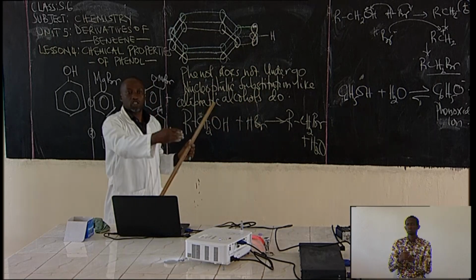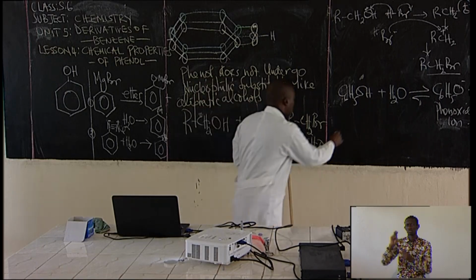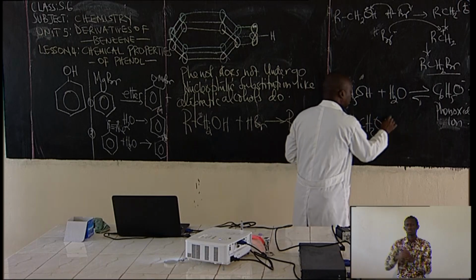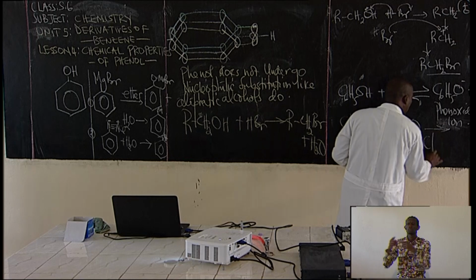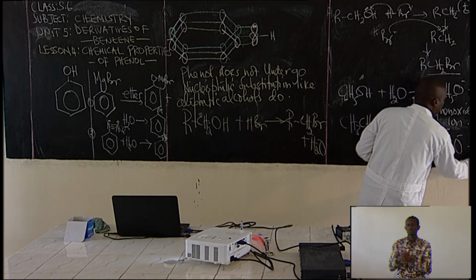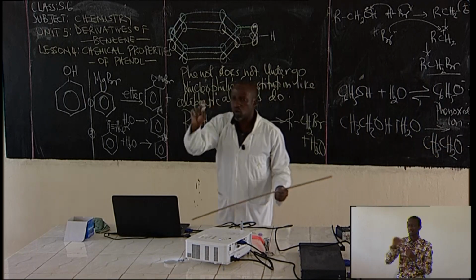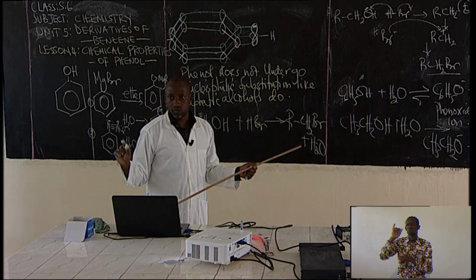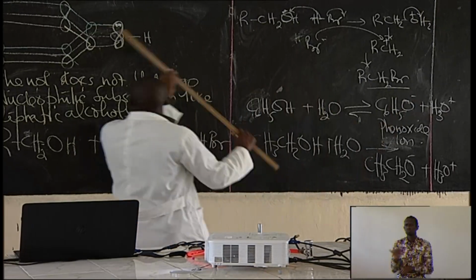Remember, alcohols are less acidic because when they react with water, the ethoxide ion that is formed is localized. It is on the oxygen. It is permanent. It doesn't move. But here, this negative charge moves inside.